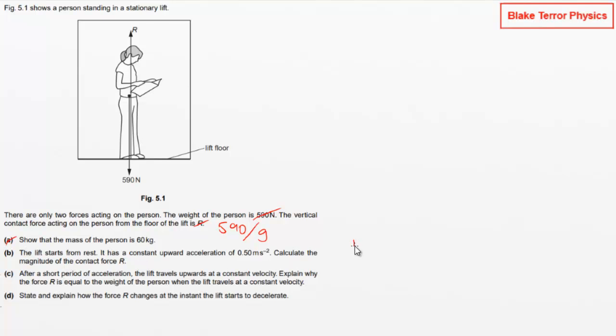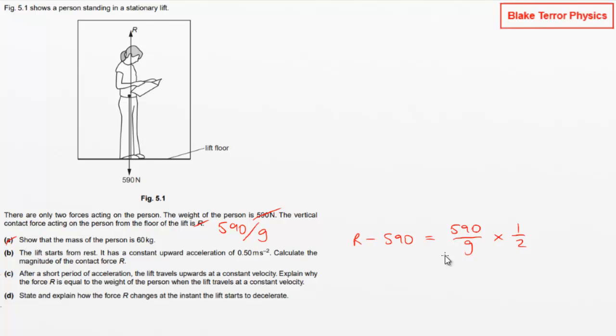So in which case we've got R minus 590 equals 590 over g, i.e. the mass, multiplied by the acceleration, which is a half. So if we put all of that in, we're going to get 590 divided by 9.81 is that, multiplied by a half is that.